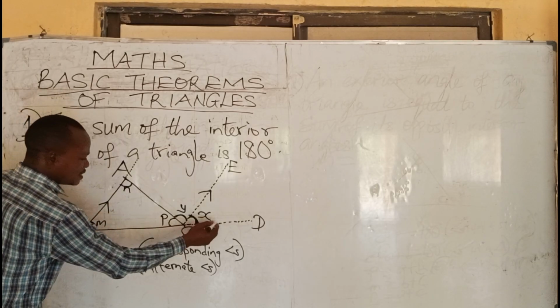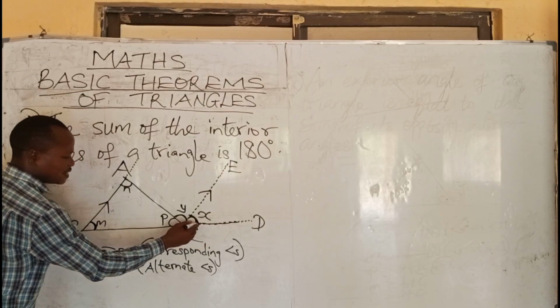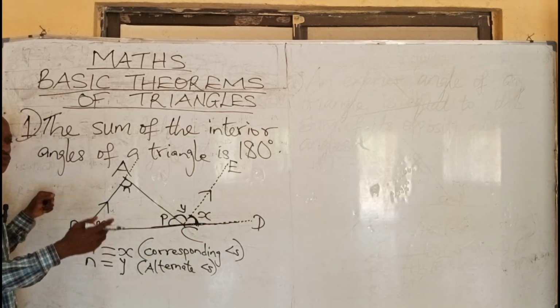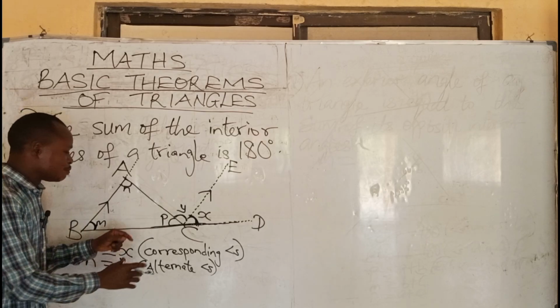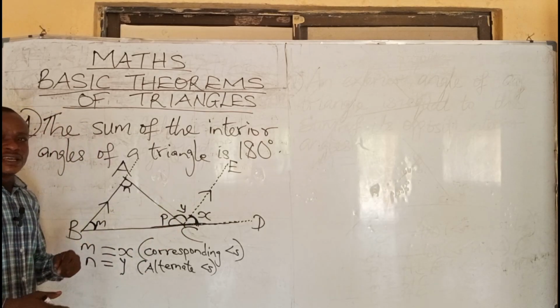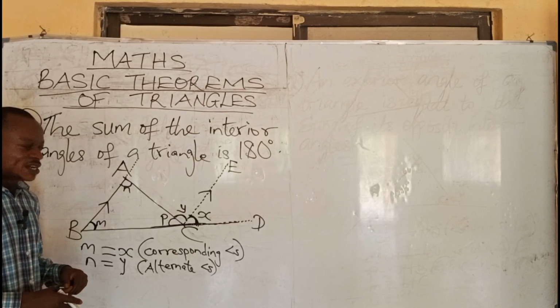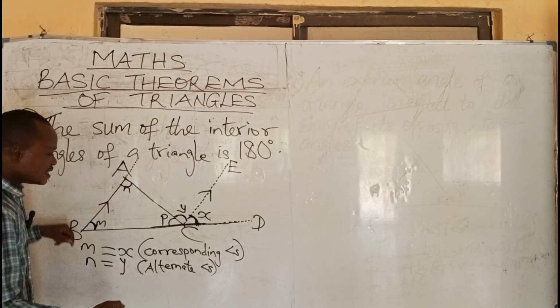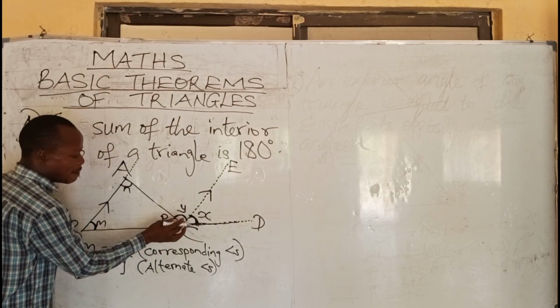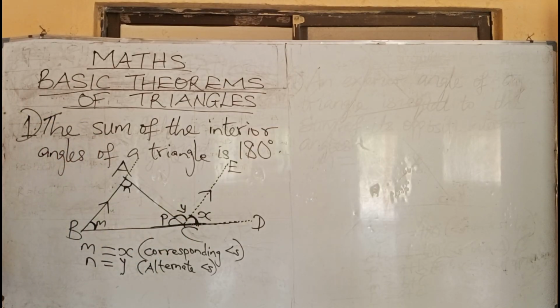Now, the next thing we are going to look at is this place here, where we actually have a straight line. And we have proven the theorem that when angles meet on a straight line, the sum of the angles is 180 degrees. In this case, angle P, angle Y, and angle X are meeting on this straight line.